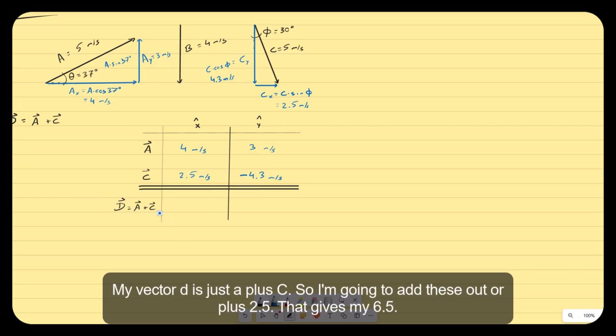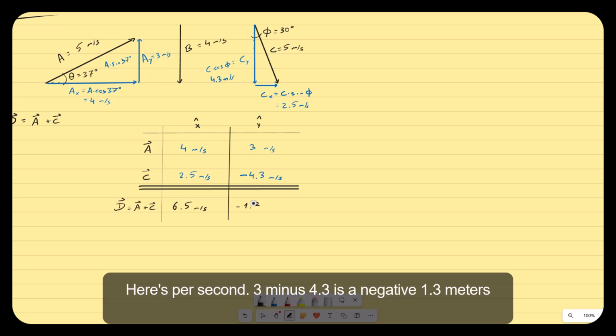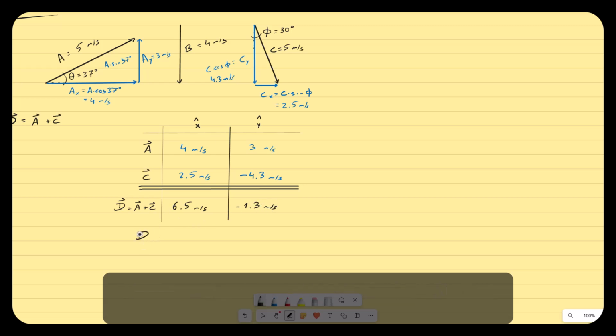My vector D is just A plus C, so I'm going to add these up. 4 plus 2.5, that gives me my 6.5 meters per second. 3 minus 4.3 is a negative 1.3 meters per second. Vector D is going to be 6.5 meters per second in the X direction, negative 1.3 meters per second in the Y direction.